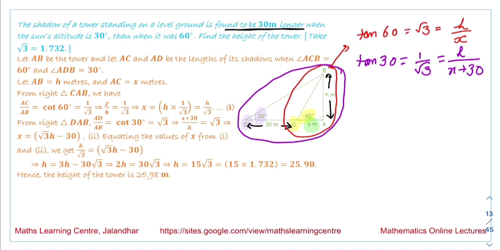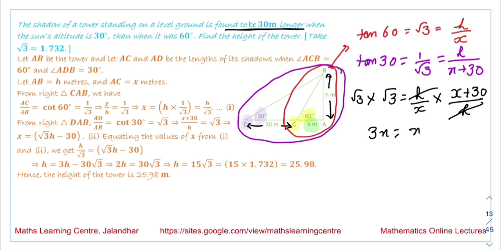If we divide these two equations, we will get root 3 into root 3 is equal to h by x into x plus 30 by h. These two h get cancelled. We get 3x is equal to x plus 30. So the value of x we get is equal to 15 meter.